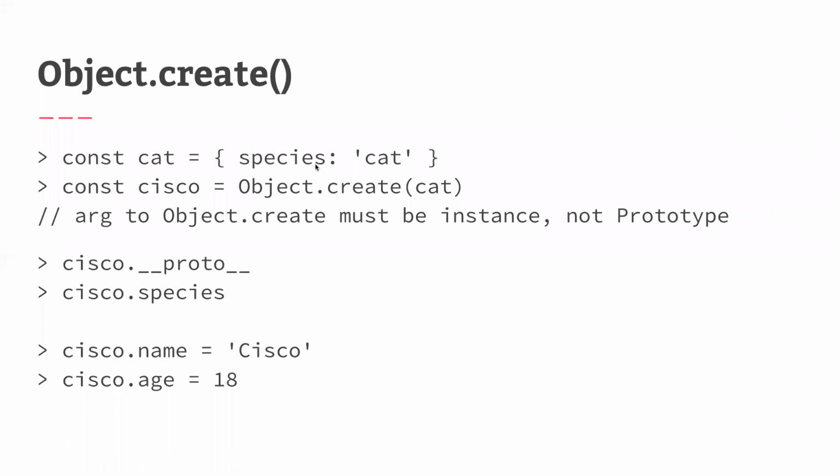If we did a dot dunder proto, it would just be an object. Now if I make Cisco an Object.create(cat), basically what I'm saying is I want Cisco to be a cat and then some. And Cisco's proto now is going to be cat. So let's look at this.